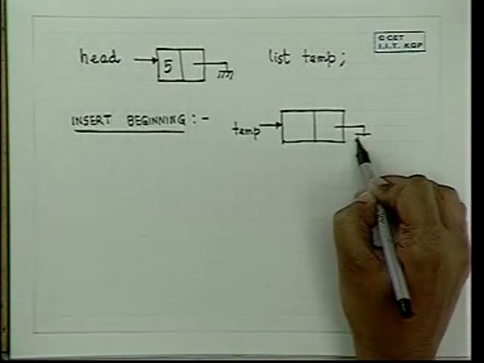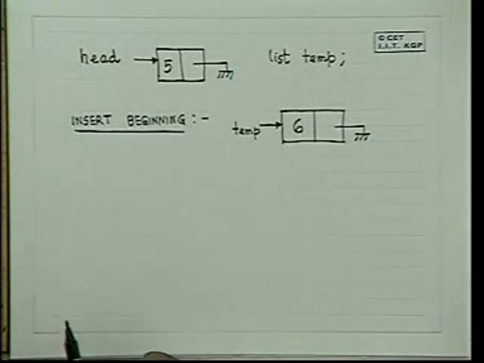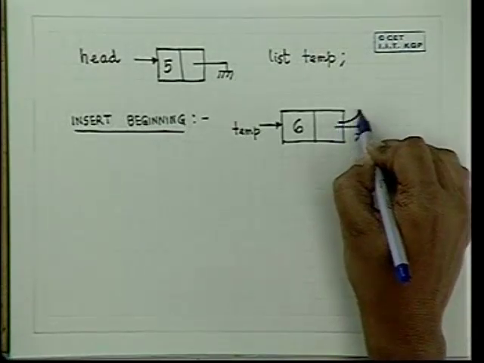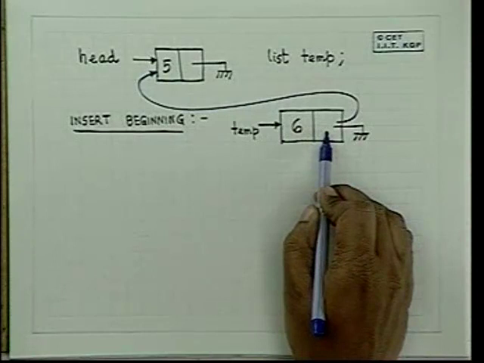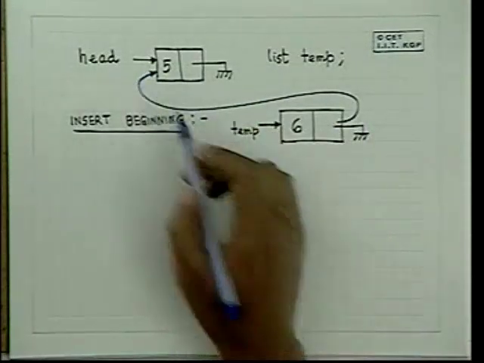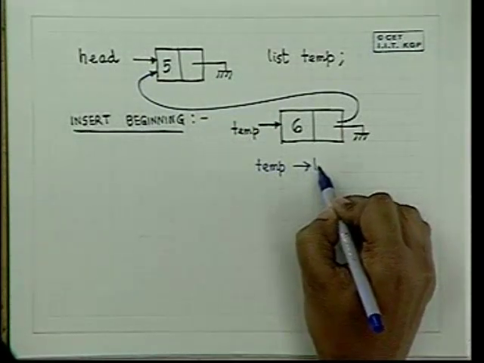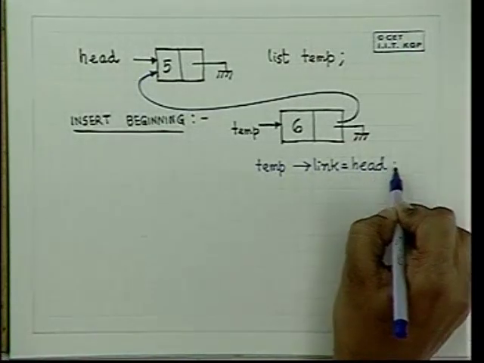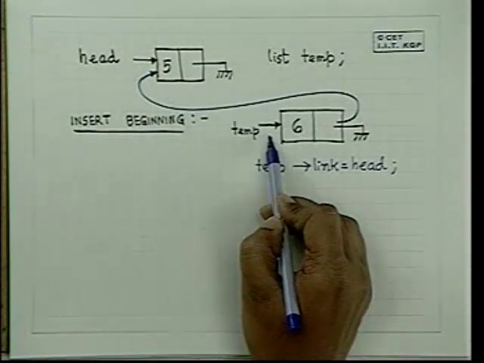We will ground this, put in the next data, and then do some manipulation. If we want to insert it in the beginning, this link will be put here, which means temp pointer dot link is equal to head, and the next head will be moved here, because now this becomes the head of the list.